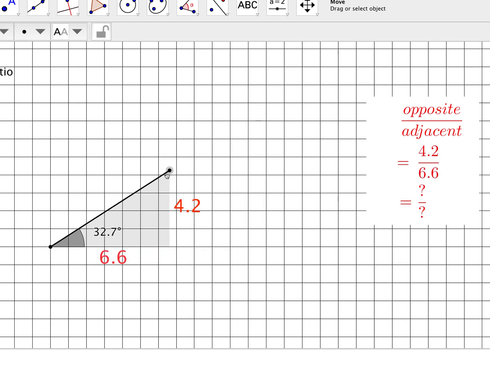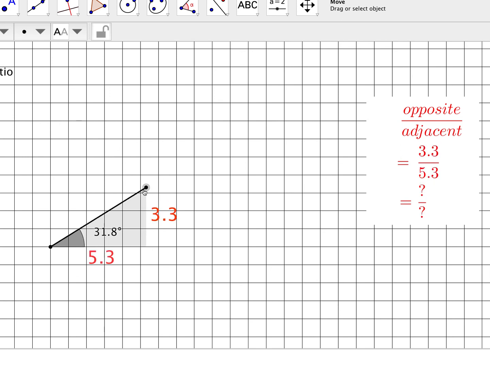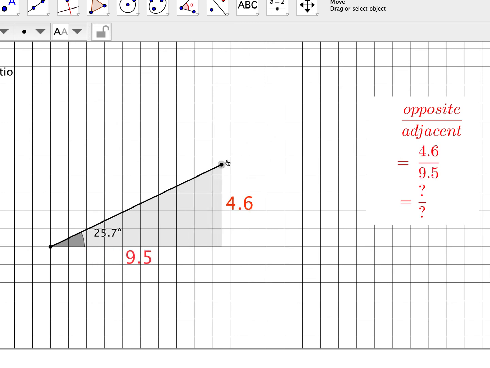So if, for example, I were to slightly change this angle to 3/5, it's now 31 degrees. 31 degrees has opposite over adjacent 3/5. As long as I keep that at 31 degrees, the ratio should stay at 3/5.